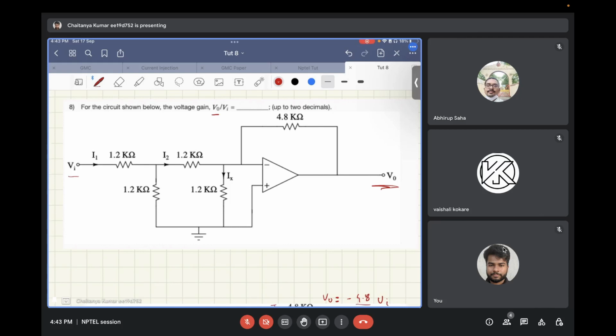So let's see the solution for this. Now again, this circuit is in negative feedback because there is only one feedback path, and that is from output to the negative terminal of the op-amp.